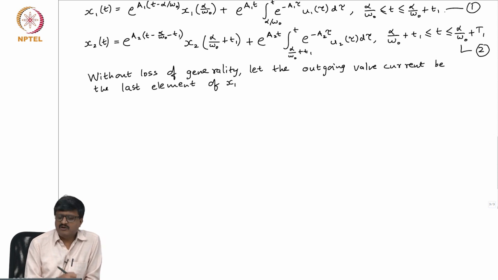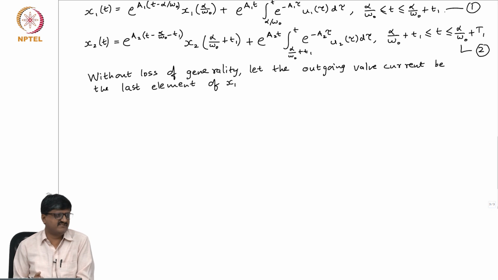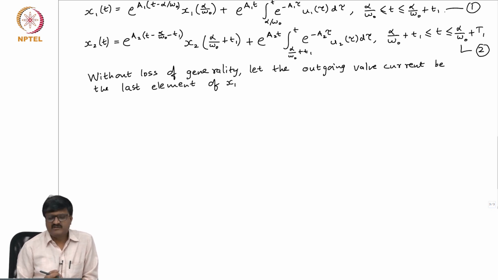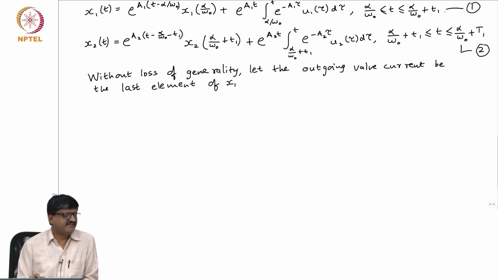So, how can I write this in terms of x1? See, x1 contains many elements. I am just saying the last element is 0 at the end of the first subinterval. So, can I write it in terms of x1? I will not try to split x1 and x2 into individual state variables. I will use x1 itself. Can I write this condition in the form of an equation? Yes, pre-multiplied by a row matrix.